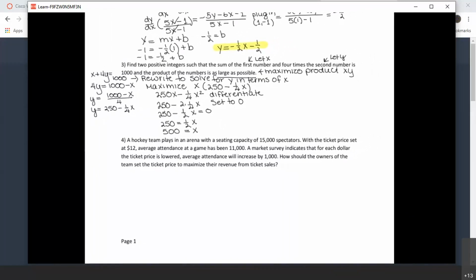Okay. It would also be a good idea if you checked your second derivative. So here's your first derivative over here, 250 minus 1/2 x. If you were to differentiate this again, the left-hand side, what's the second derivative?